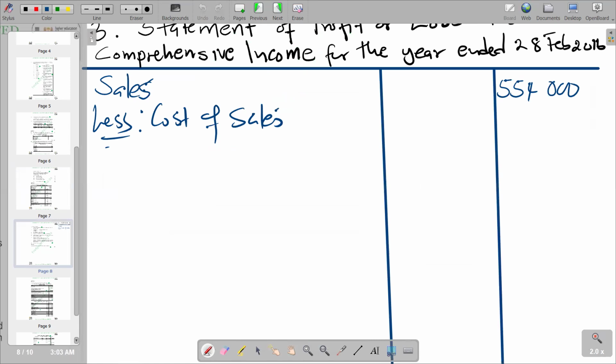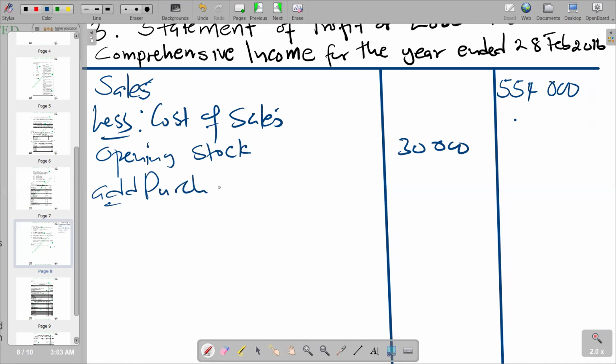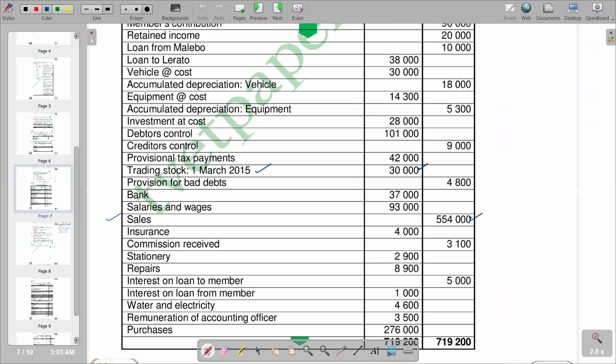So here we are saying opening stock, 30,000. And the figure for cost of sales is going to come here after we have calculated it beneath there. So we are supposed to add our purchases. We go again to check the figure for purchases in the trial balance.